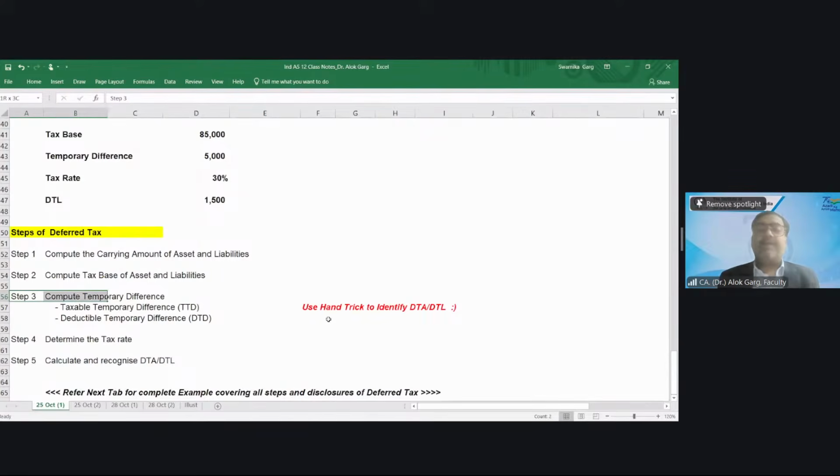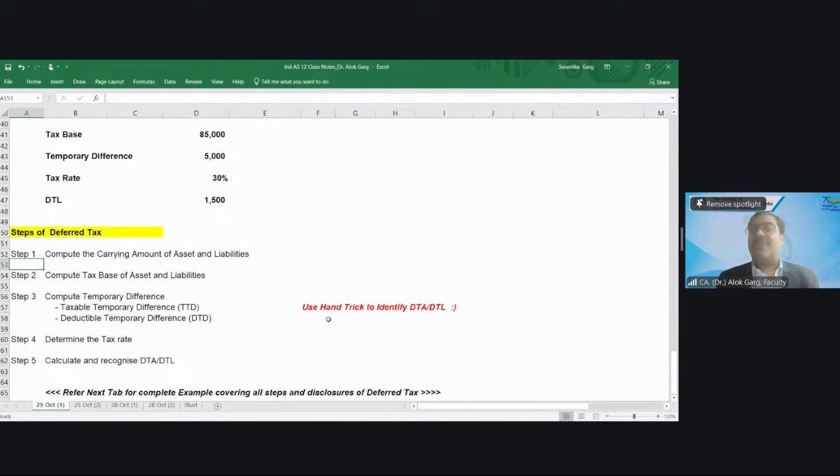Compute temporary differences, taxable temporary differences and deductible temporary differences. Right? There are two types of differences. What are the two types of differences in Ind AS 12? Taxable temporary difference, deductible temporary... Wrong.